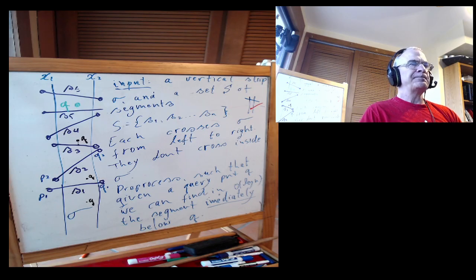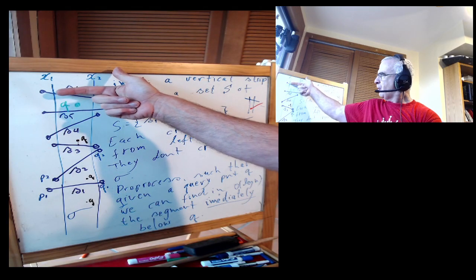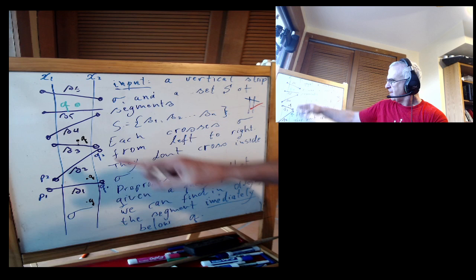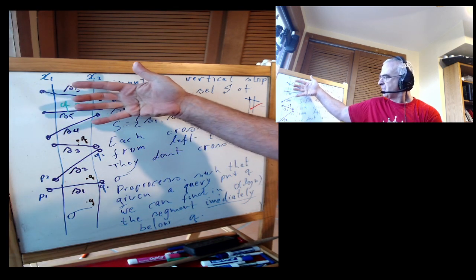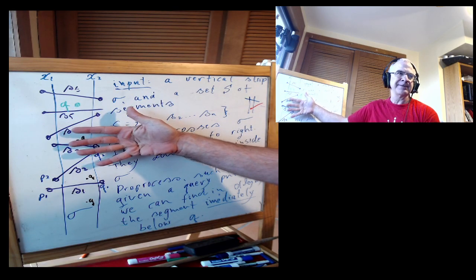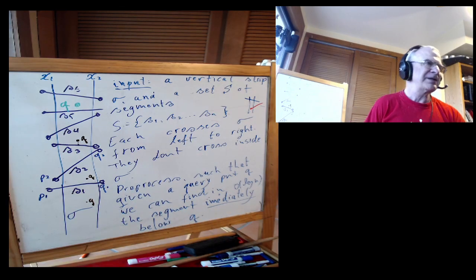If all the segments were horizontal, then of course I just need to store the Y value of each one of the segments, and then I'm just doing binary search among these values.